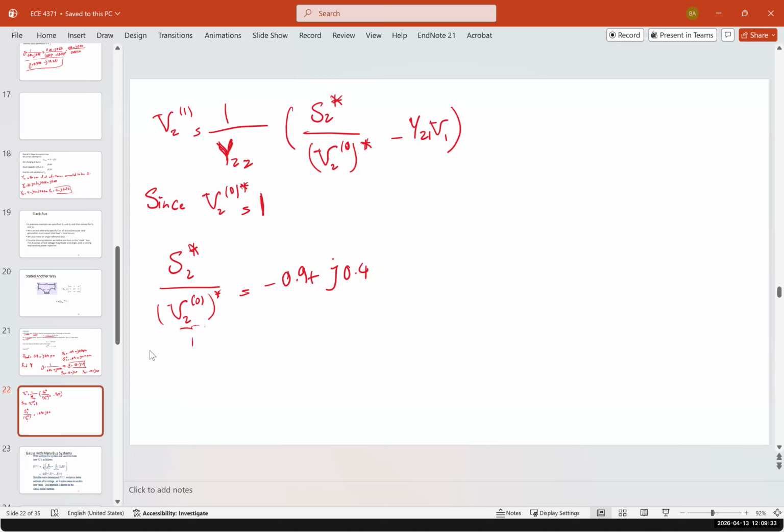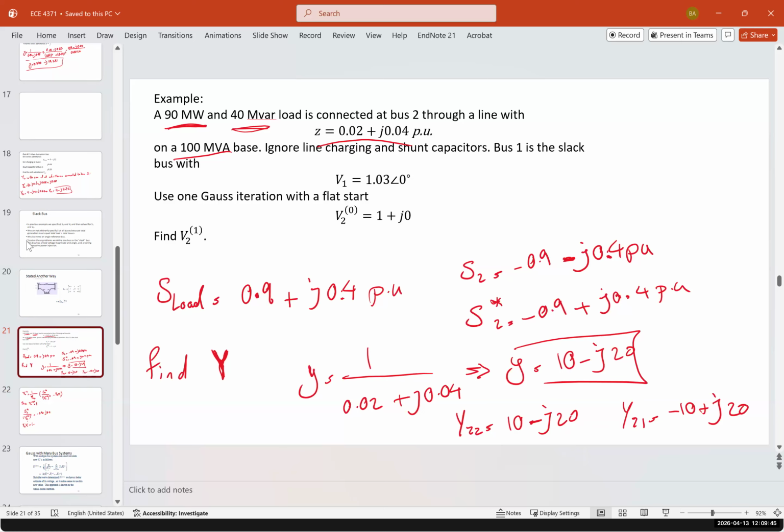Now we can calculate Y21 V1, which is going to be equal to Y21 times its voltage V1, which is 1.03.